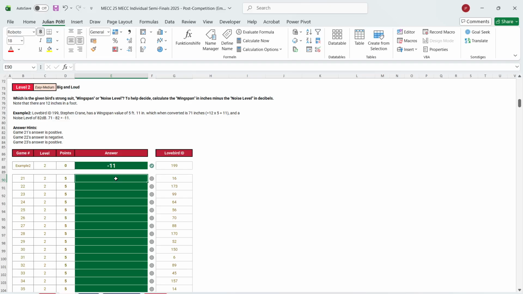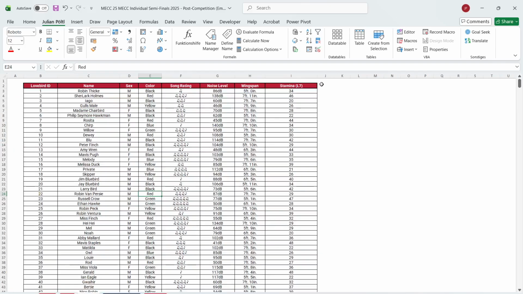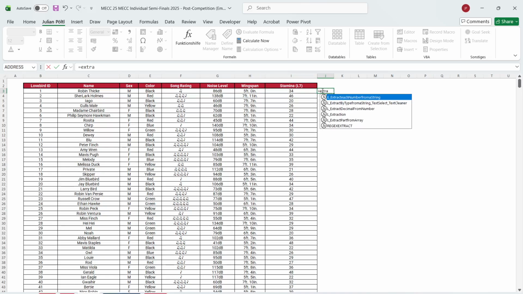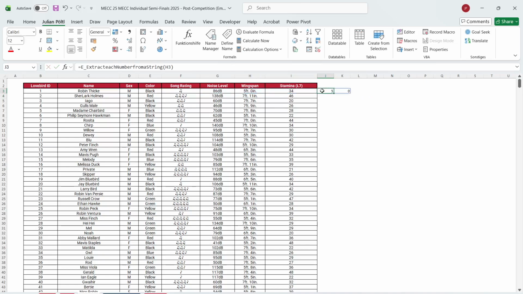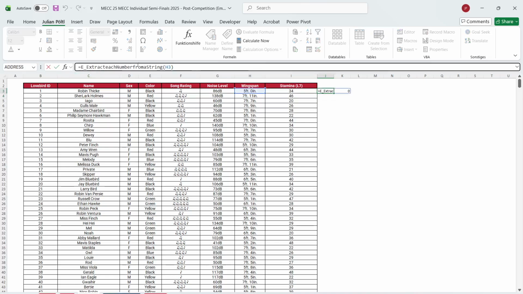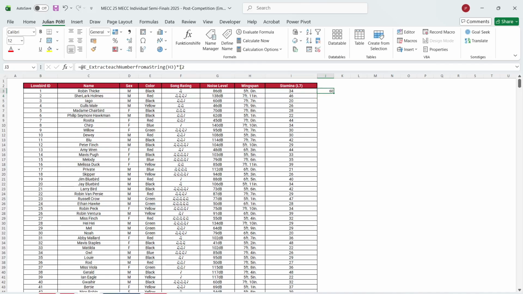Lovebird ID and wingspan in inches. 1/12 in each foot. So equals... Do I have an extract number from string? I could have used this. I should have used this. It's always funny to see your lambdas surprising you.